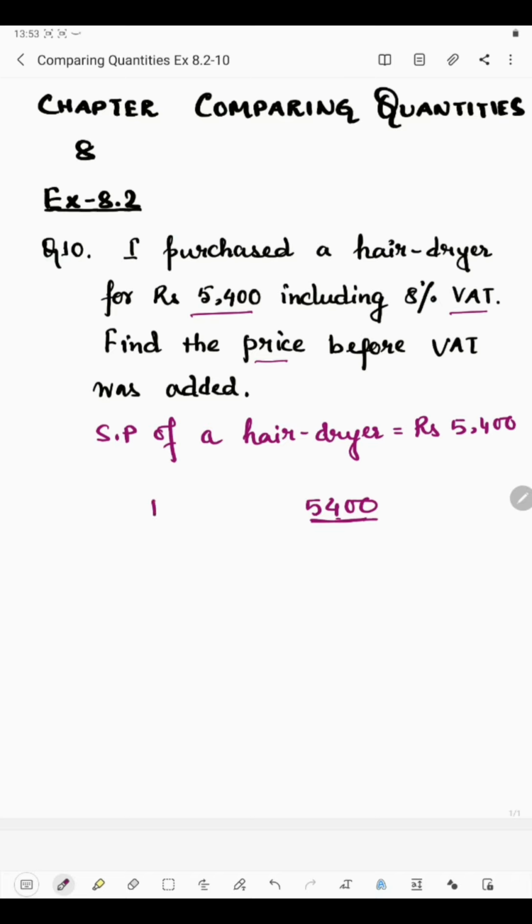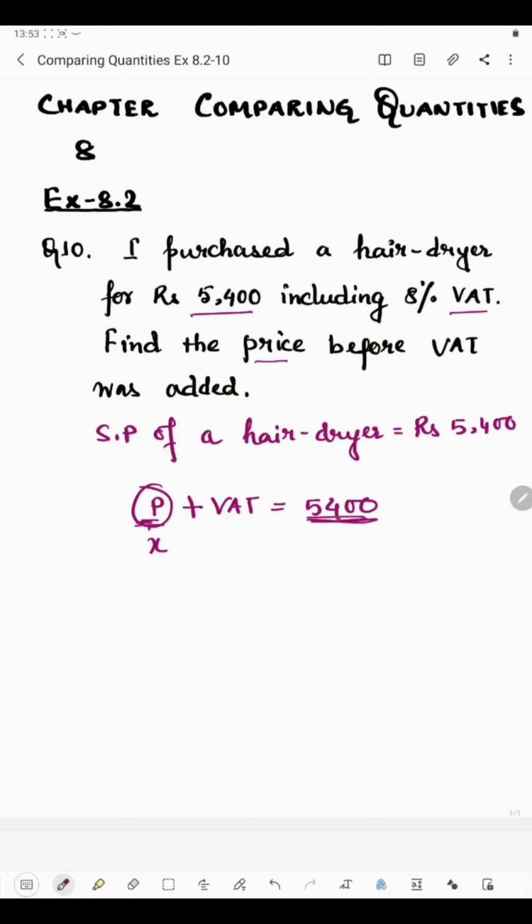So that means the price of the hair dryer plus VAT gives the amount you have to pay, which is 5400. Now the price of the hair dryer we don't know. We will have to find this price, and this is unknown to us, so we can consider it as X. Say the original price of the hair dryer is X rupees.